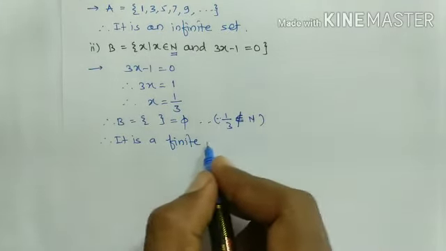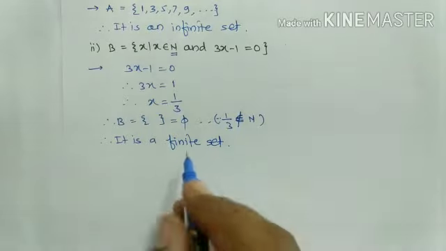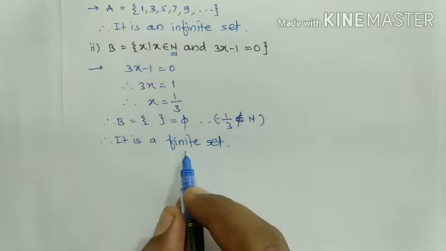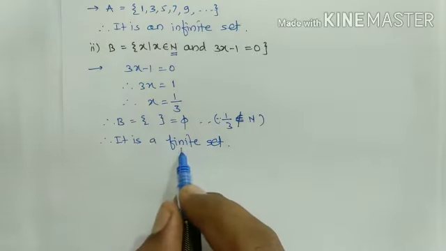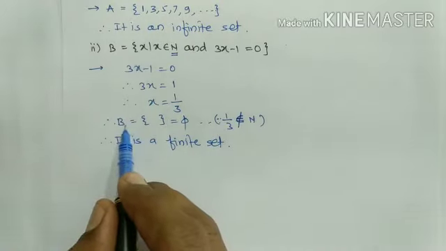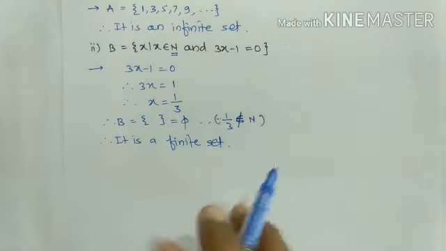Because we have learned in the definition of a finite set, if a set is a null set or if the number of elements in that set are countable or limited, then such type of set is called a finite set. Therefore set B is an example of a finite set.